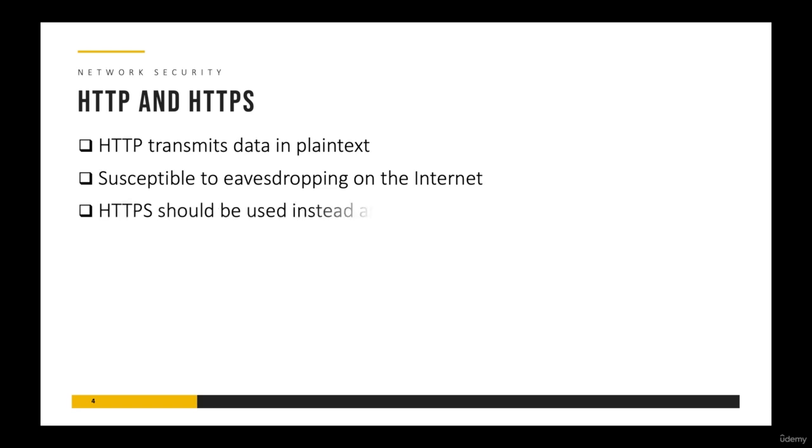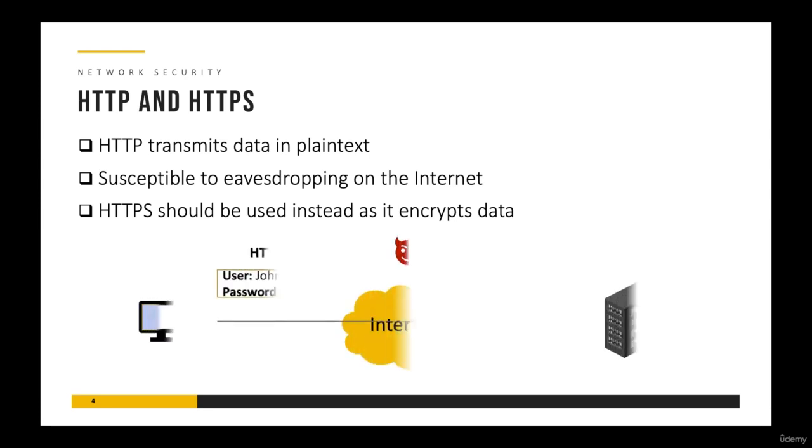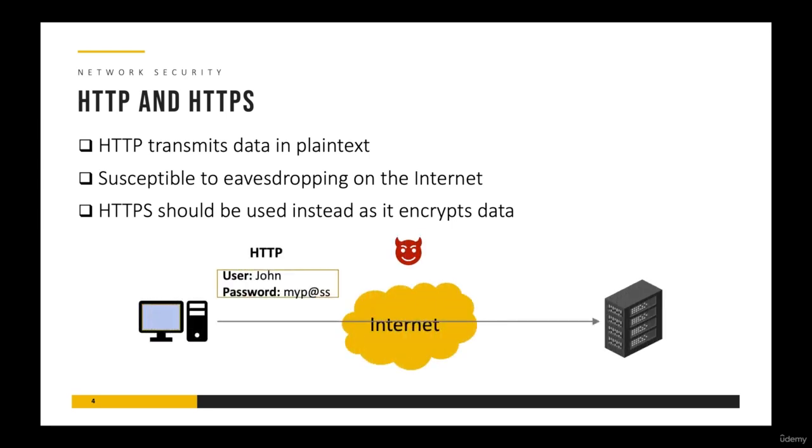You should always strive to use HTTPS, which basically encrypts your data as it traverses the public internet. So let's say if you're using the traditional HTTP protocol and you're sending your username and password, then it will be transmitted in plain text, and anybody who eavesdrops on it will be able to access your information.